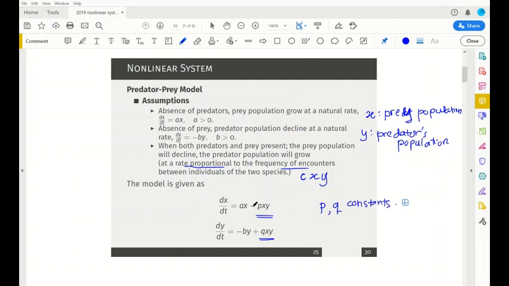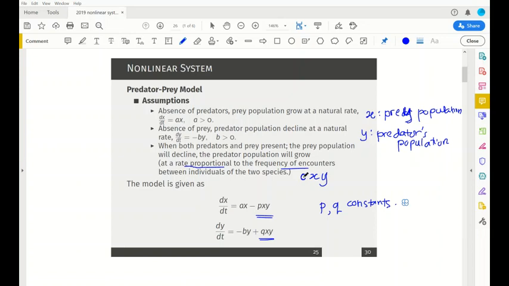So why do we have a negative sign here? Because the first equation is for the prey population. So when prey meets the predator, possibly the predator might take the prey as its food, for example.